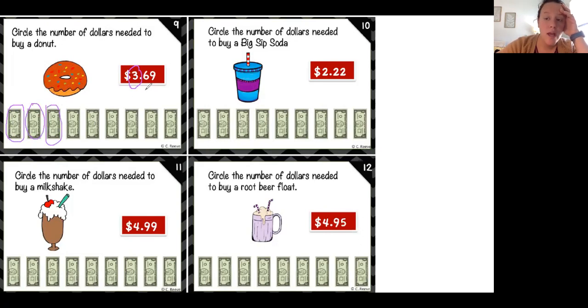And then we always add $1 to cover our change. So we're going to circle one more. So for something that costs $3.69, I'm going to give the cashier $4 to cover my cost. And then I'm going to wait for my change, say thank you, and get on out of there.